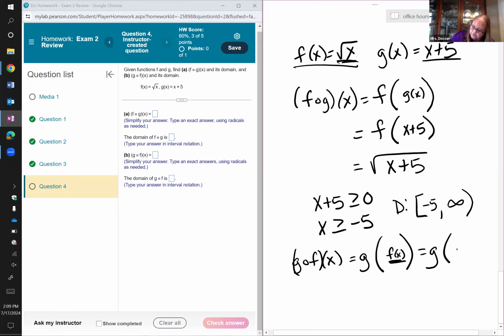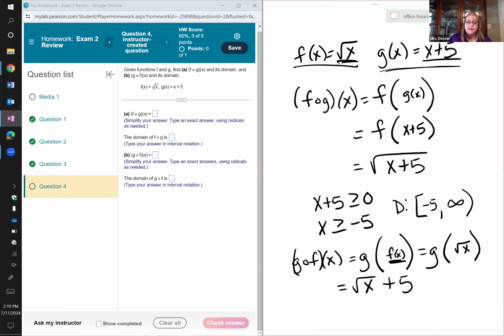So we have g of the square root of x, which means we're evaluating the g function at the square root of x, which means in the g function, everywhere there's an x, we're going to replace it with the square root of x. So here's our g function, x plus 5. And so we're going to replace that x with the square root of x. And so we have the square root of x plus 5.